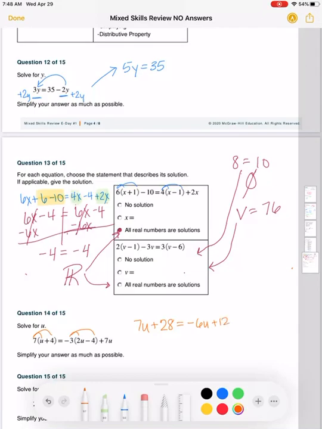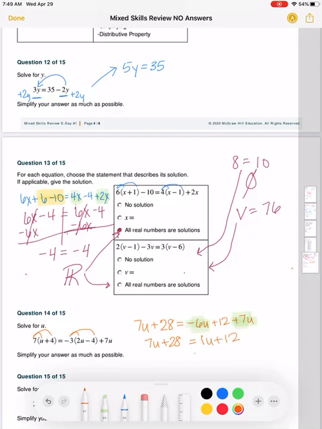A negative times a negative gives you a positive 12 plus 7u. Again, I have like terms. Those have to be combined before we can go back to the process of solving. So this guy stays the same. 7u plus 28 equals, if you have 7 u's and you take away 6, you're left with 1u plus 12.